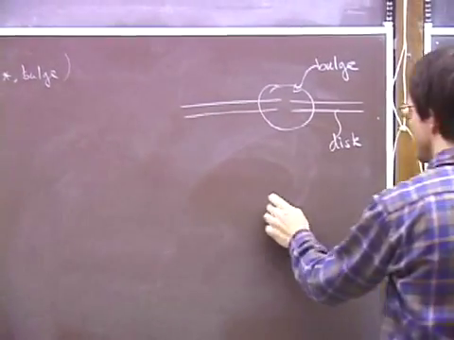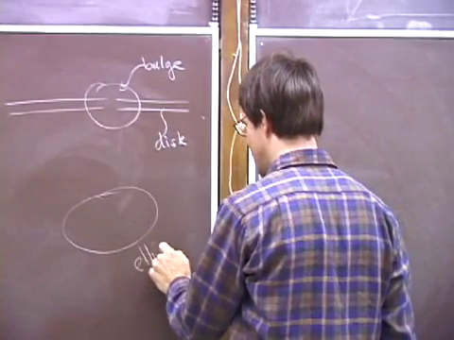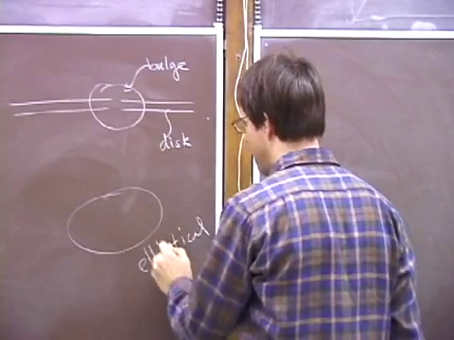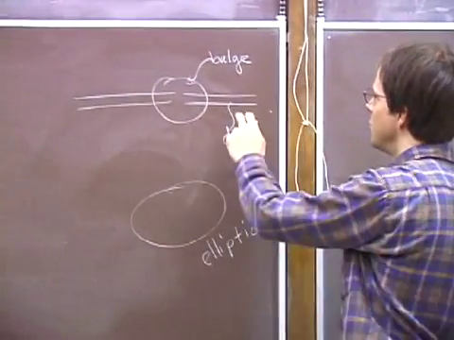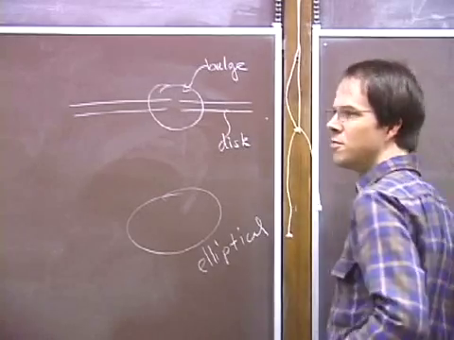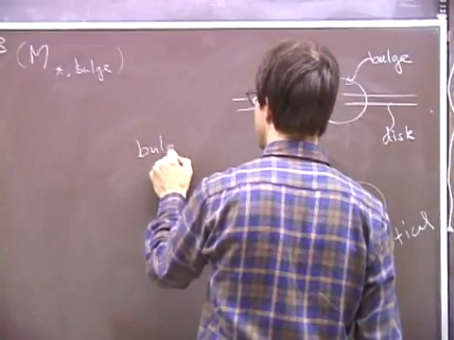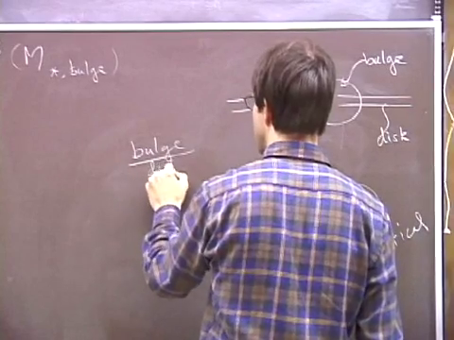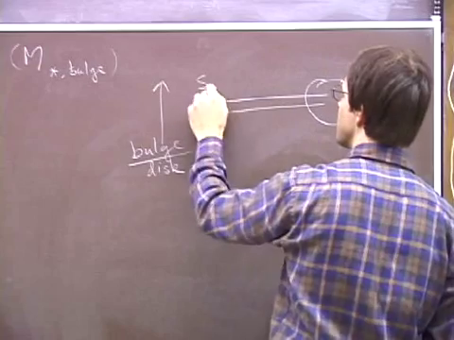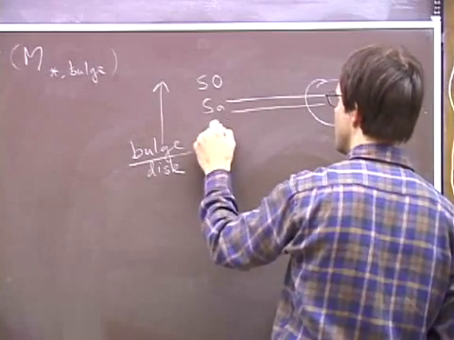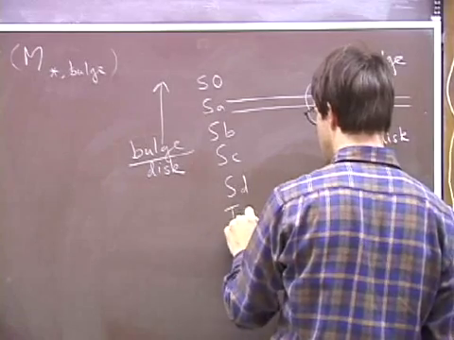And some galaxies are all bulge, and these are called elliptical galaxies. Galaxies which are not elliptical are defined by their so-called bulge-to-disk ratio, and as the bulge-to-disk ratio increases this way, the galaxies are called S0, SA, SB, SC, SD, irregular.